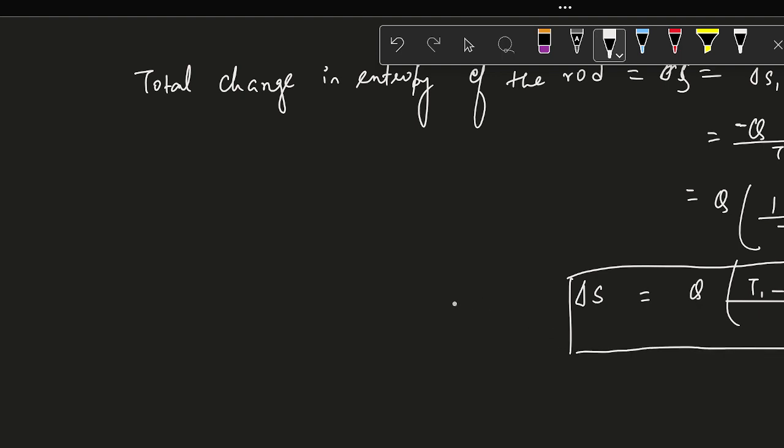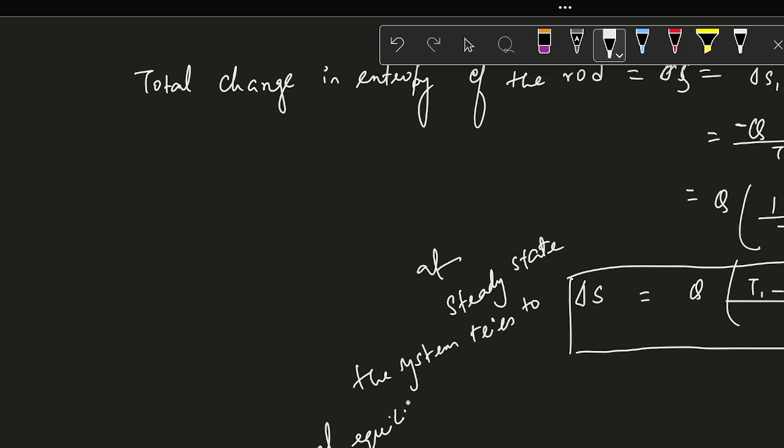And how are we getting this? Because this is a steady state entropy change. Because at steady state, the system tries to reach thermal equilibrium, and that's why it absorbs heat on the colder end and releases the same heat from the hotter end, so that they can get to an equilibrium temperature.